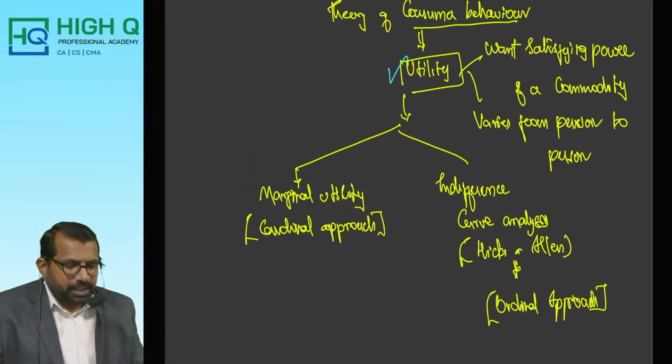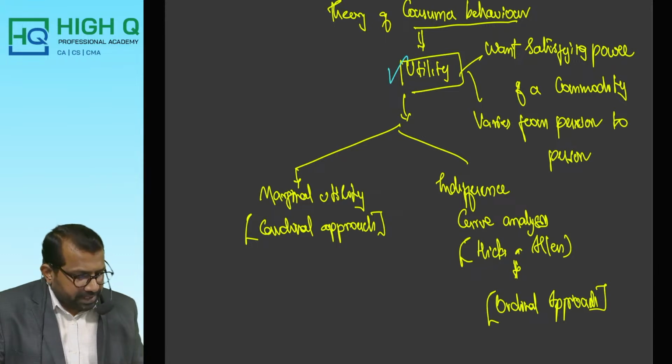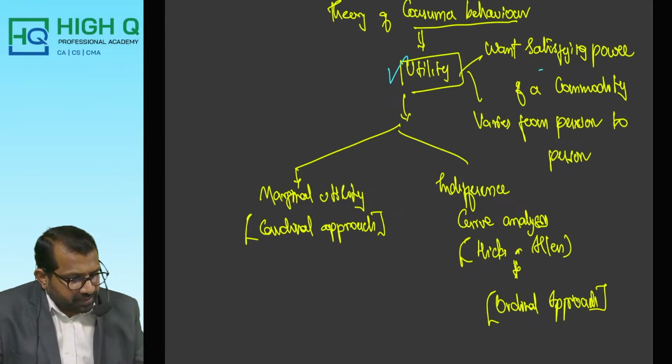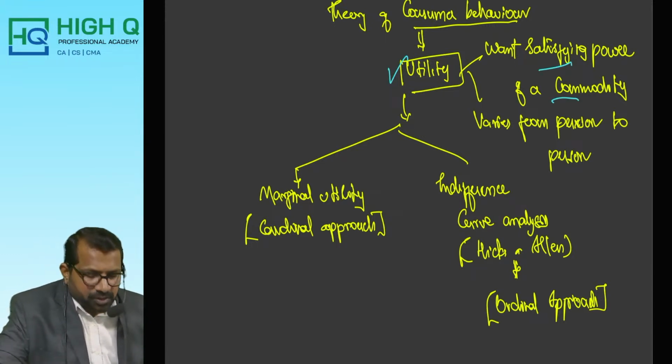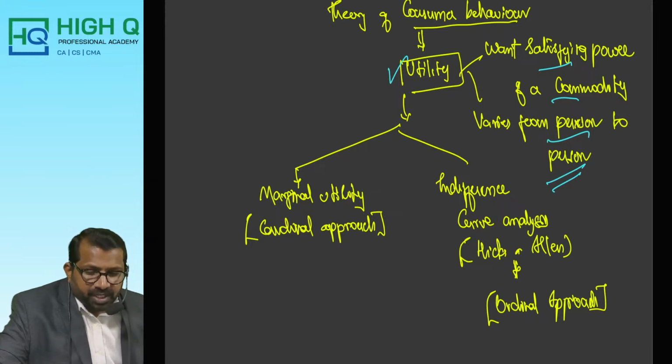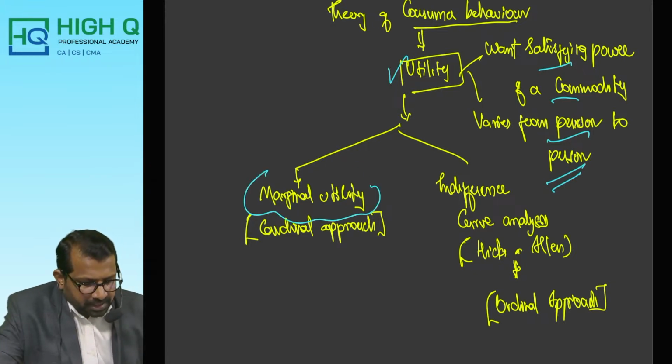So utility is the maximum amount of satisfaction. The satisfying power of a commodity depends upon the consumer and may vary from one person to another. Especially in this chapter, the most important concepts are marginal utility and indifference curve analysis.